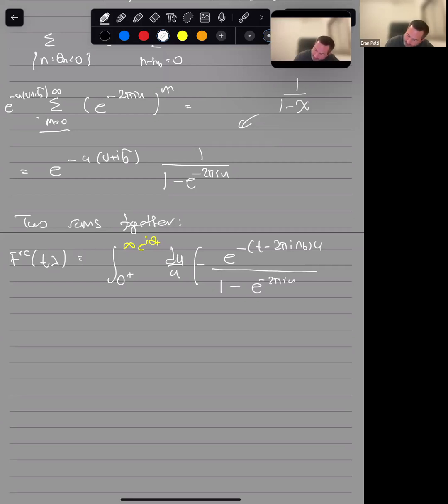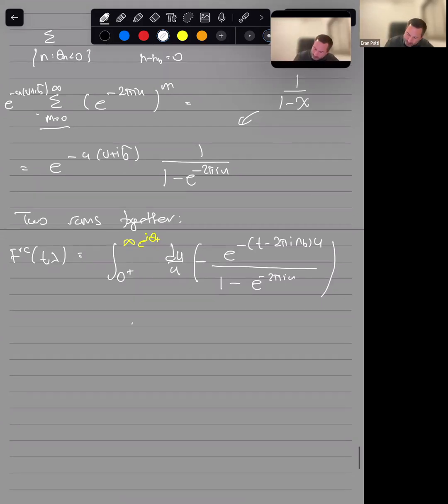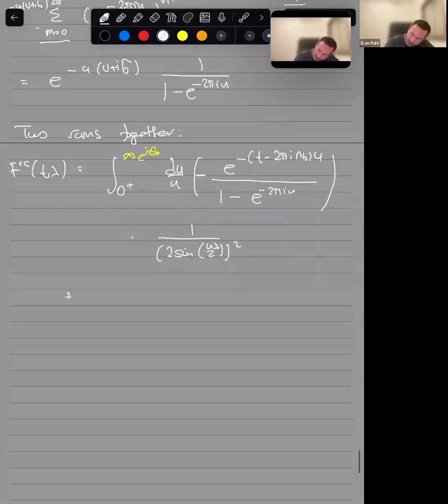And there is a minus sign here because we had a minus sign in the integral along the top line. And then this is times 1 over 2 sine u lambda over 2 squared. And then we're going to get the other contribution, which is now over the bottom line. So now this is over theta minus. And it's going to look basically the same, except it's not going to have this minus sign.